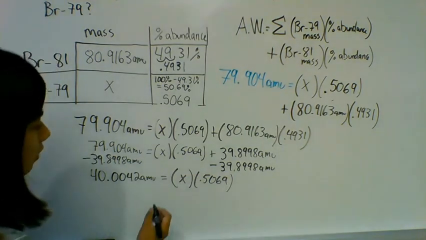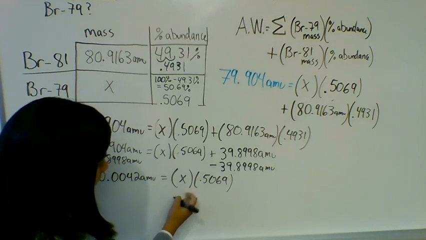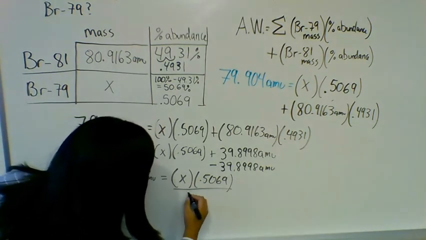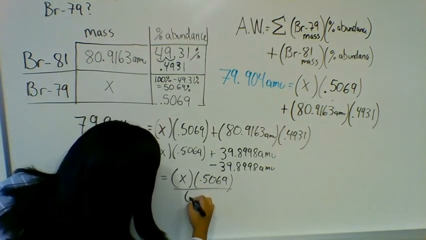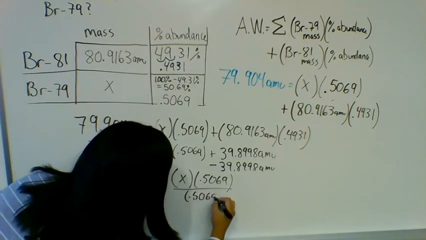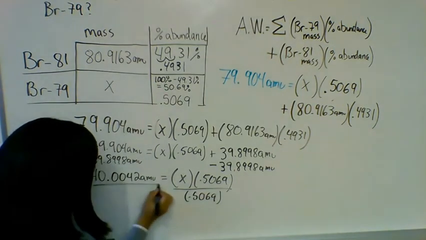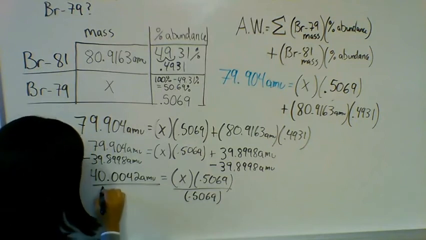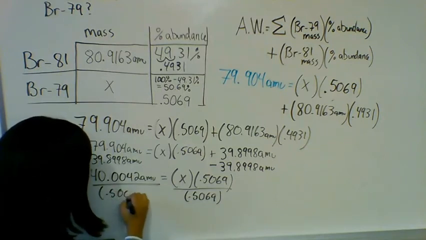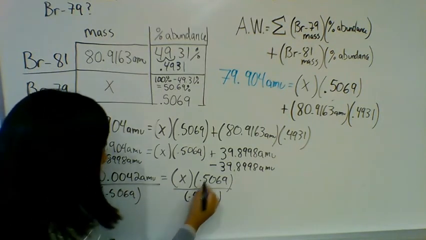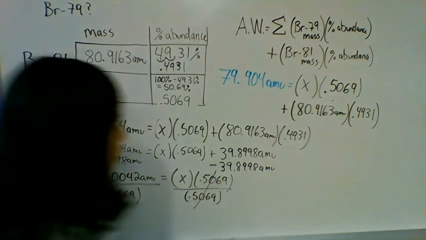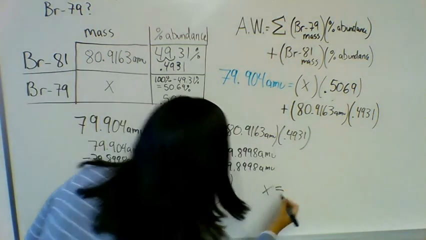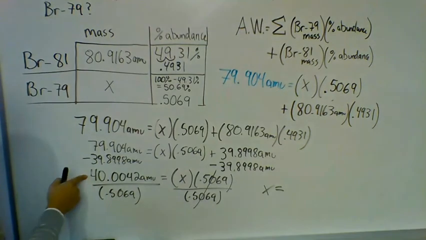Now to get x by itself, I just have to undo this multiplication by dividing. So what I do to the right side, I have to do to the left. So I'm dividing both sides by 0.5069. These are going to cancel out, so you're going to end up with x is equal to this numerator divided by this denominator.